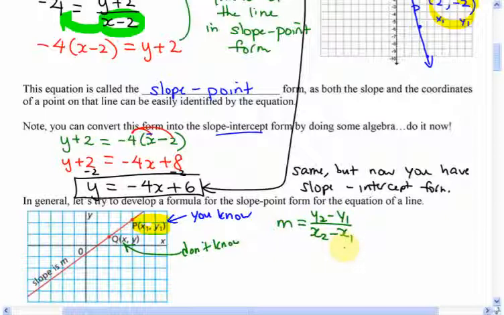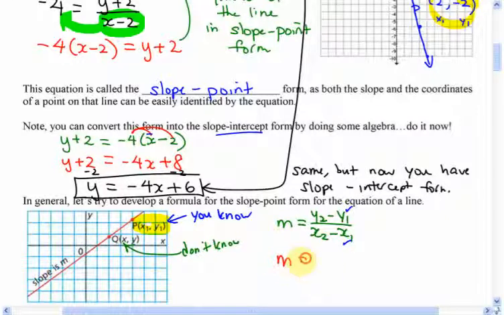So let's go ahead and review again. Please write that down. Now, the point we know already is x1, y1, so let's just keep those as is. Let's replace the y2 and the x2 with the ones we don't know, which is the x and y.